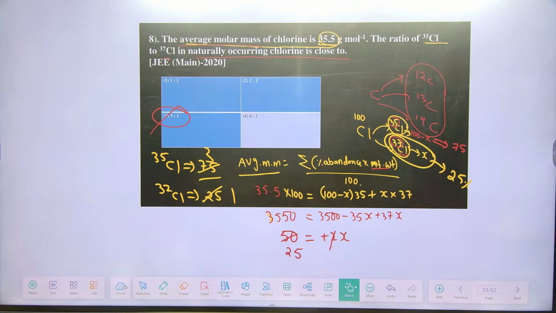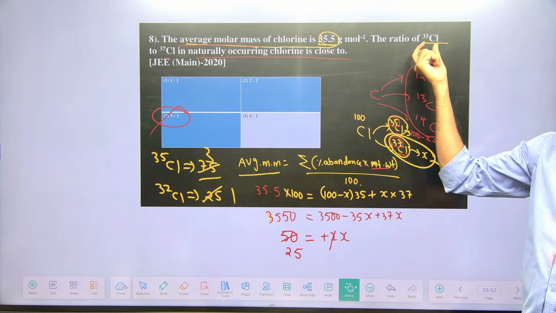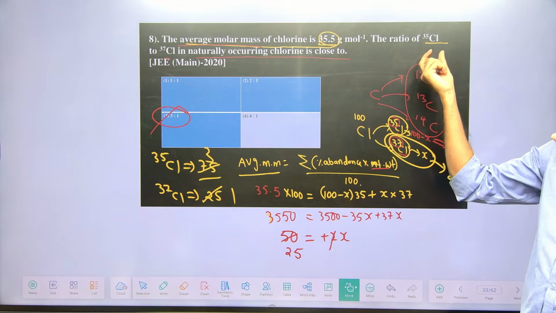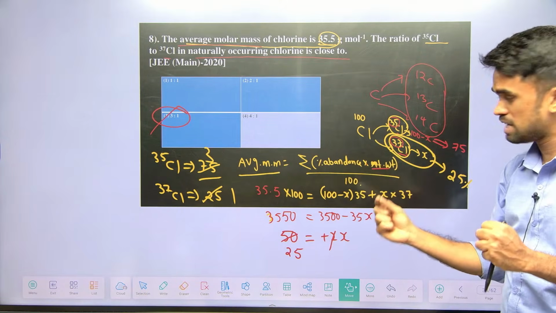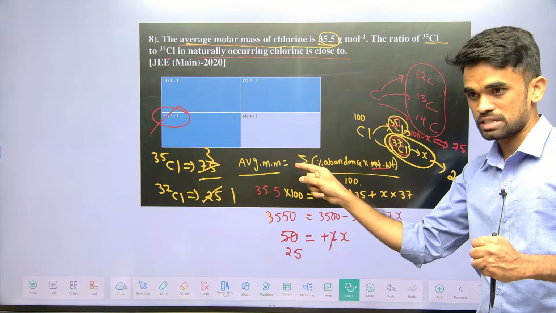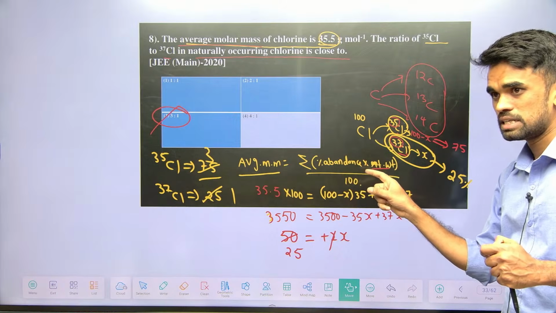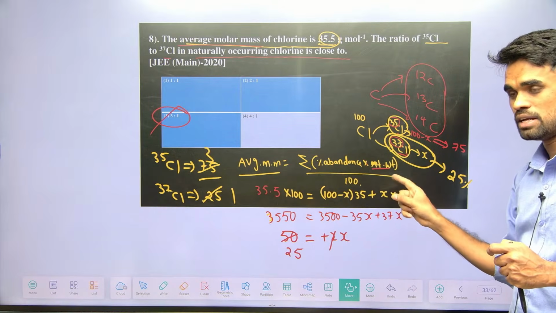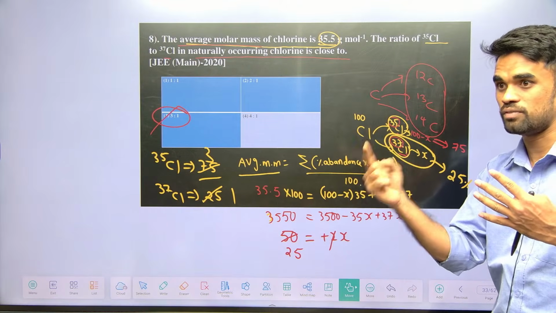Now the same formula can be remodified based on the ratios also. What is the ratio of abundance of Cl35? Cl35 is 3, Cl37 is 1. So here the formula can be remodified like this: average molar mass equals 3 into 35 plus 1 into 37 by, now 3 and 1 we have taken.